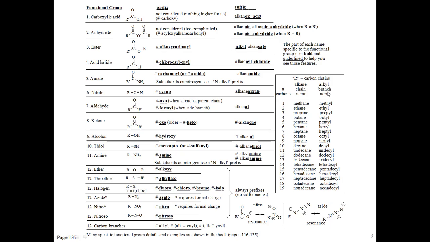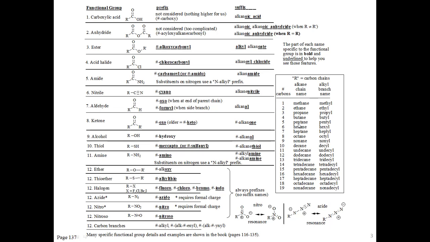And you'll see if it's a branch, it's very similar. We just drop the A and E and add YL. So methane becomes methyl, ethane becomes ethyl, propane becomes propyl, butane becomes butyl. Once we get to 5, it's sort of just like the geometric figures you learned in elementary school.